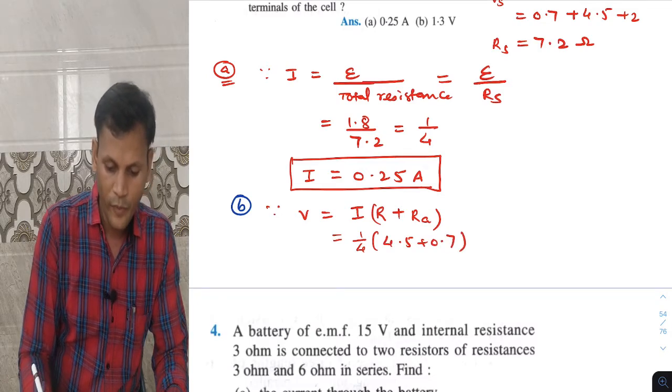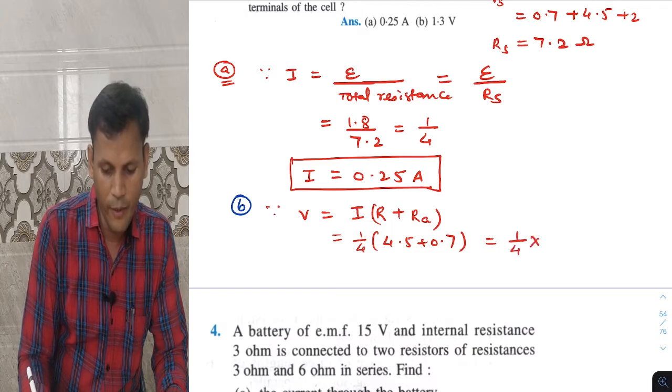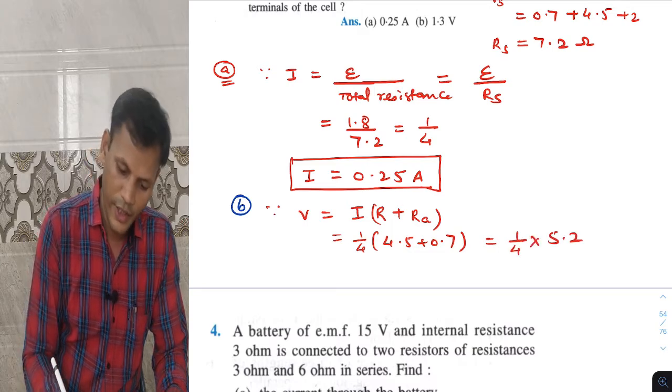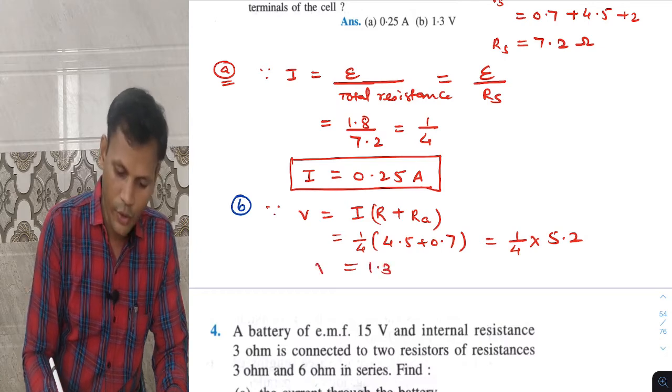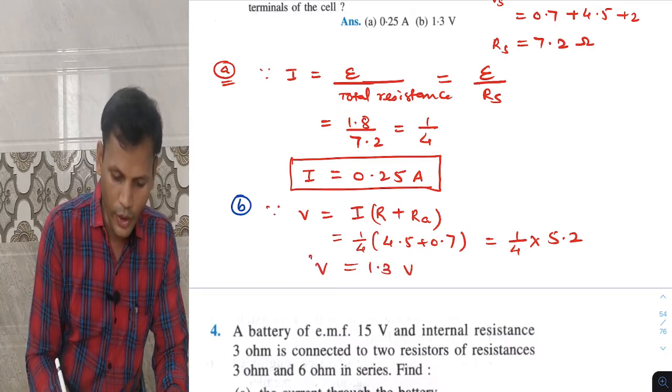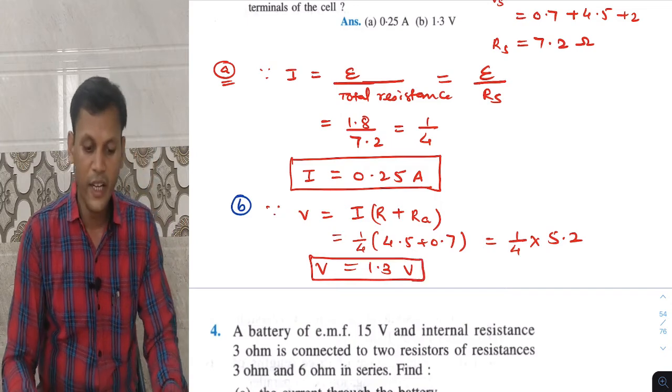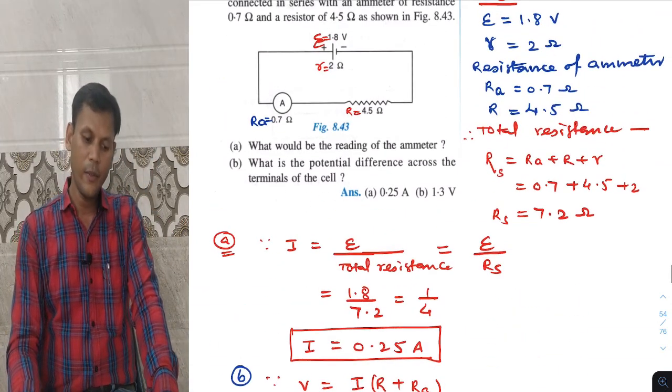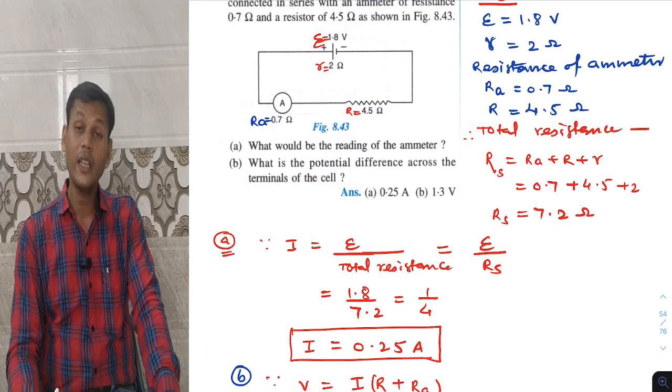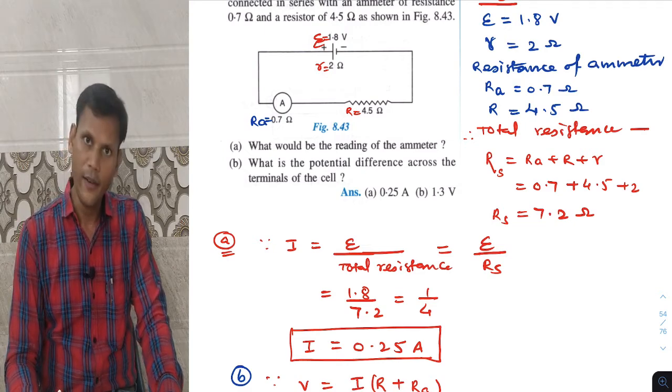That will be 1 by 4 into 5.2. So 13, so it is 1.3. So V is equal to 1.3 volt. It is the final answer. That will be the potential difference across the terminals of the cell.